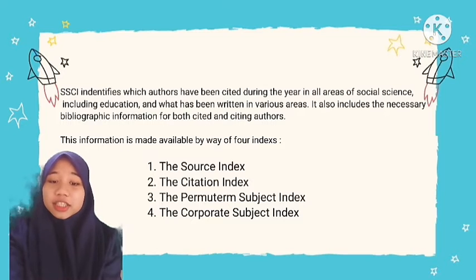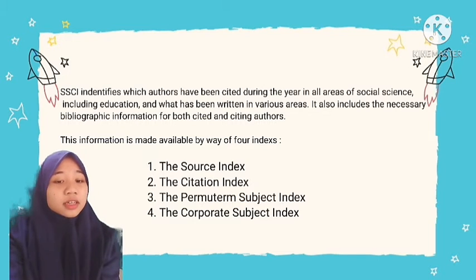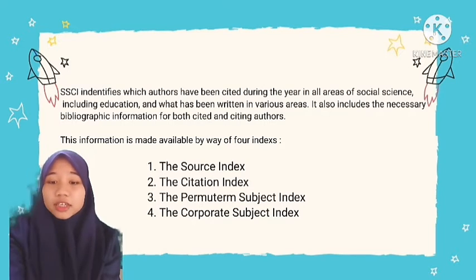2. The citation index. The citation index presents an alphabetic list of the first author of all works cited in the articles included in the source index. 3. The Permuterm subject index.